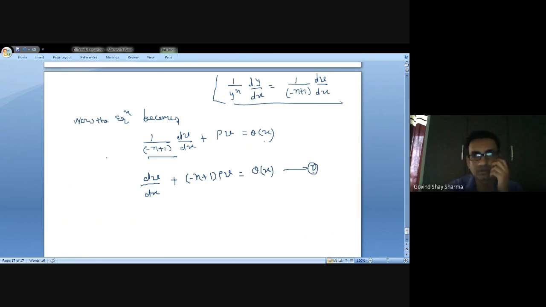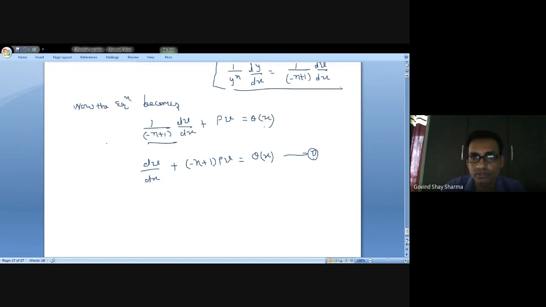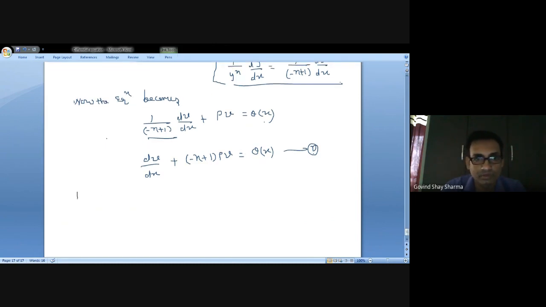Here we apply the method of linear equation. Here P is equal to (1 − n)P and Q is (1 − n)Q. So here we find the integrating factor e to the power ∫P dx. Okay, and write down the solution.